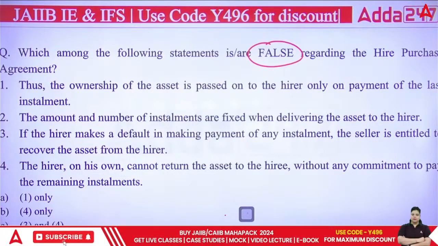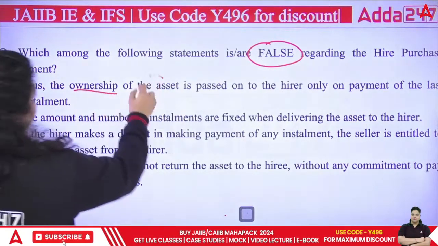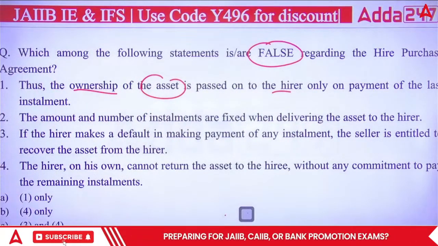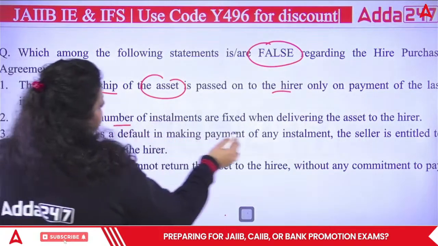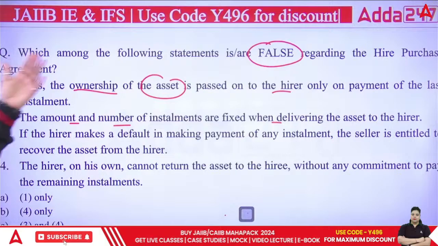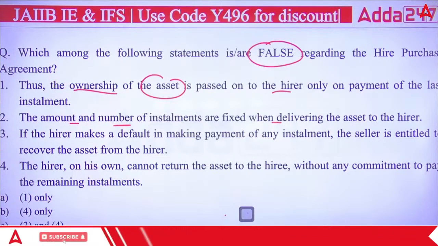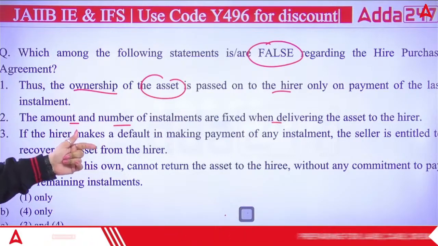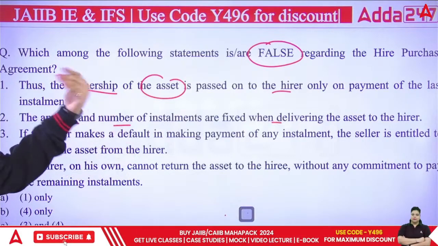So, see, the first is correct. Ownership of the asset will be passed to the hirer on payment of the last installment. The amount and number of installments will be pre-decided at the time you provide the asset to the hirer. Then the third is also correct: if the hirer defaults in making payment of any installment, the seller is entitled to recover the asset from the hirer.